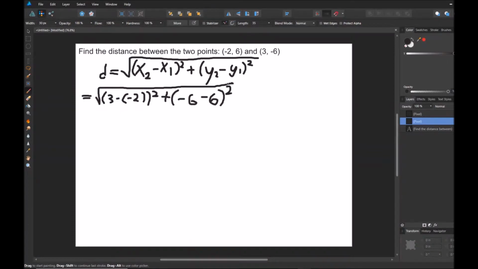We'll continue the square root symbol over there. And so 3 minus a -2 is the same thing as 3 plus 2. So this becomes 3 plus 2 is 5.